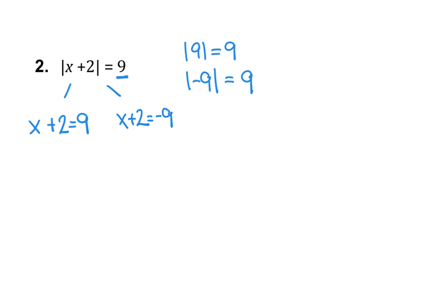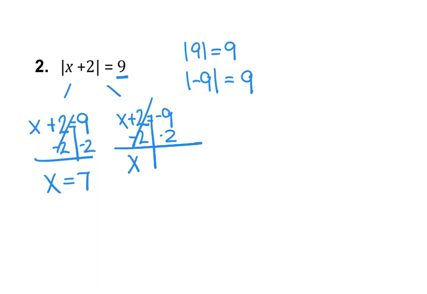And once we have the two separate equations, we're just going to solve them. I'm going to have x is equal to 7. And remember, we said earlier that 7 plus 2 is equal to 9, and the absolute value of 9 is equal to 9. And then we have this one right here, where I'm going to subtract the 2.